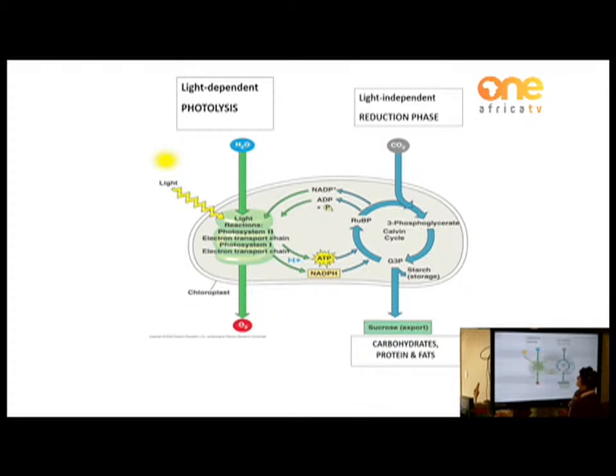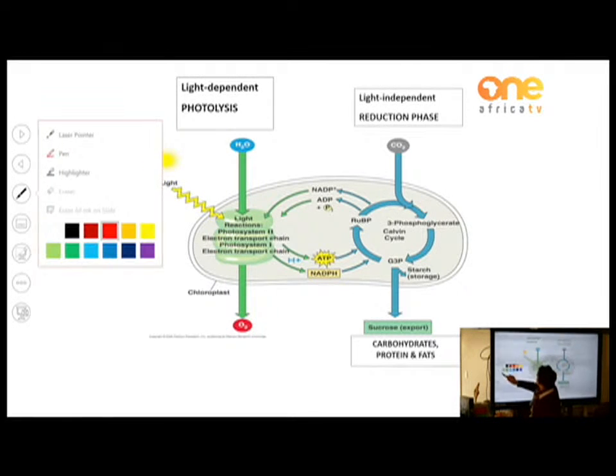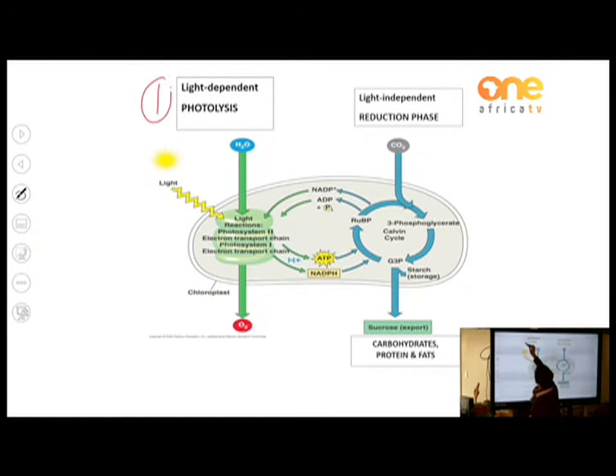So, again, there are two phases. The first one is the light-dependent phase, during which the reaction is photolysis. And the second one is the light-independent phase, where the reduction takes place. Now, in our first experiment, we are going to see whether chlorophyll is important so that photosynthesis can take place.